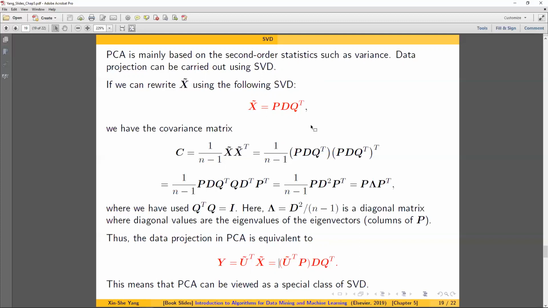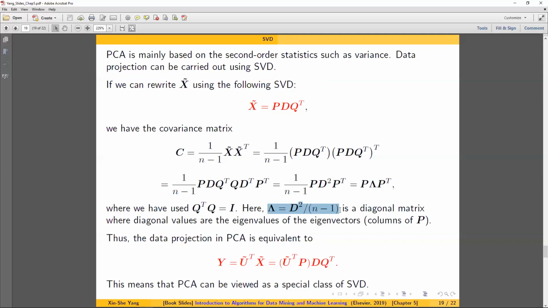We purely use substitution of x tilde by this quantity, and then with some manipulation we come back with the covariance matrix being P alpha P transpose, where alpha is D squared divided by n minus 1.